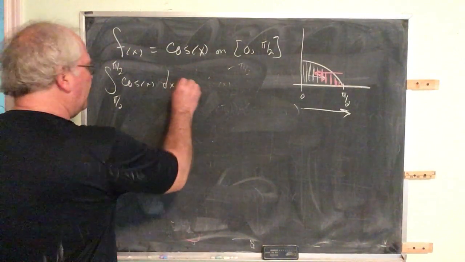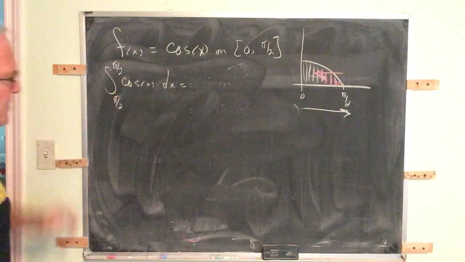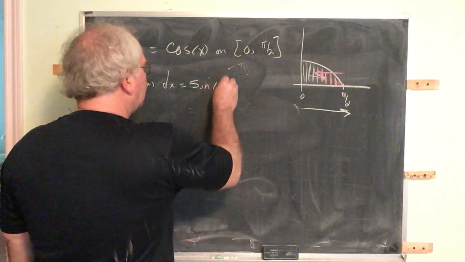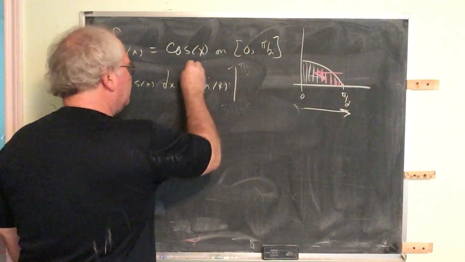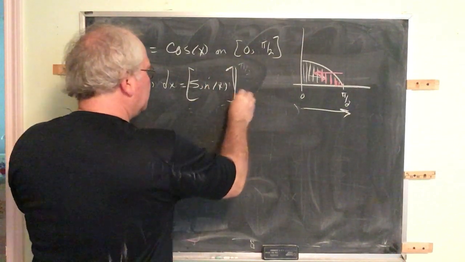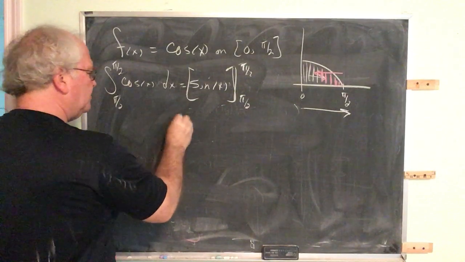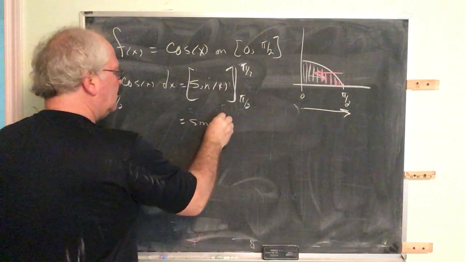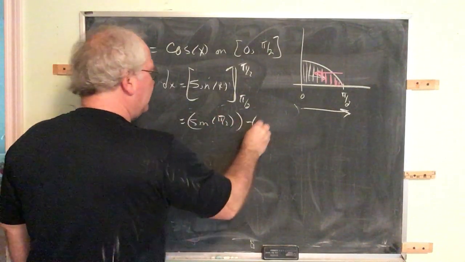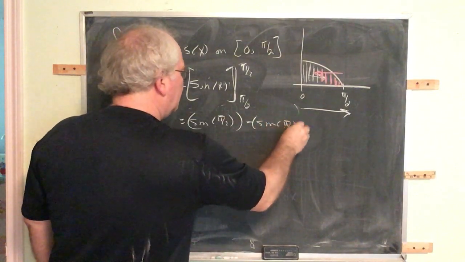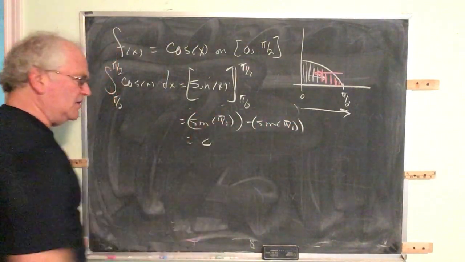Let's actually verify that. The antiderivative of cosine is sine, evaluated from pi over 2 to pi over 2. This is pretty obvious here, isn't it? This is sine pi over 2 minus sine of pi over 2. Well, that's got to be 0.